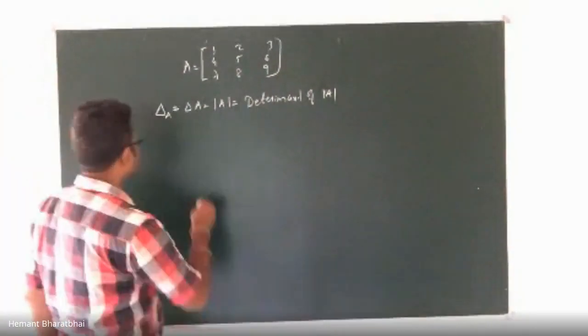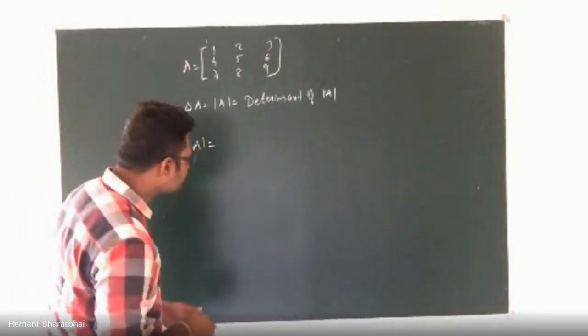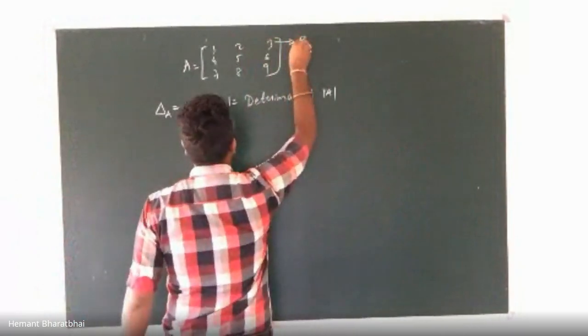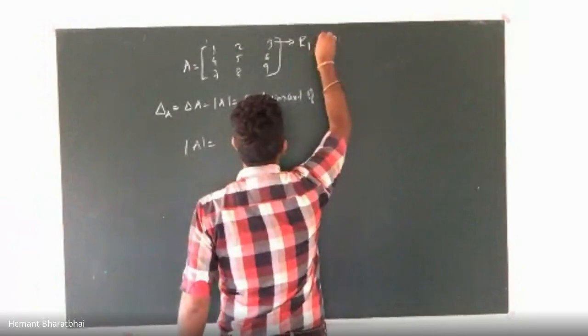If I write determinant of matrix A, first I'm going to do it using expansion of row 1.